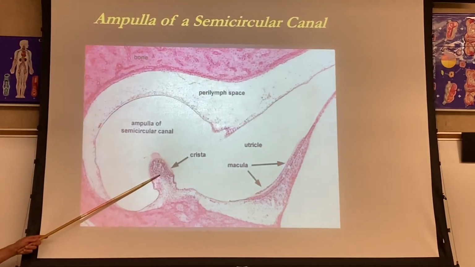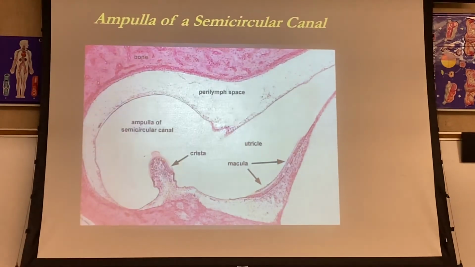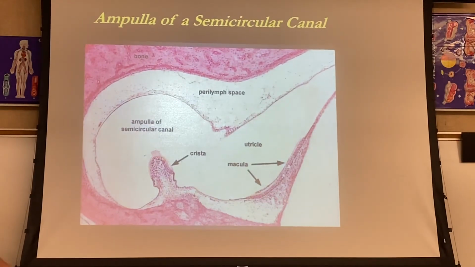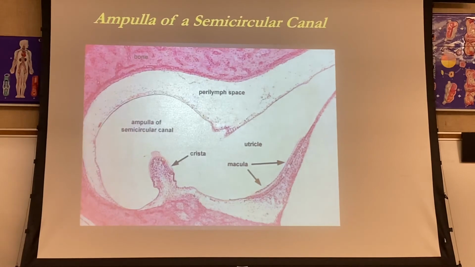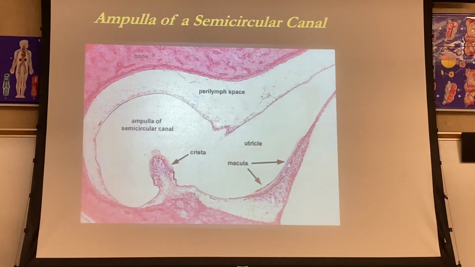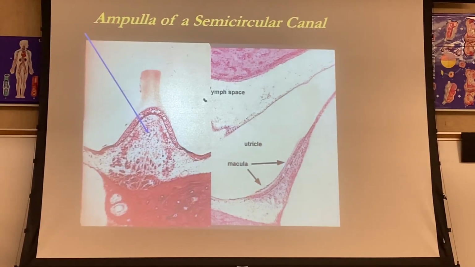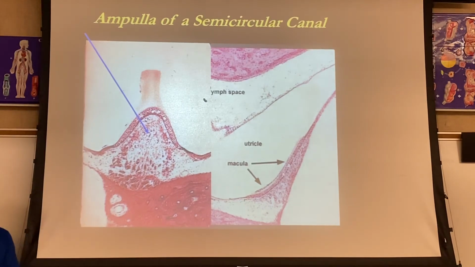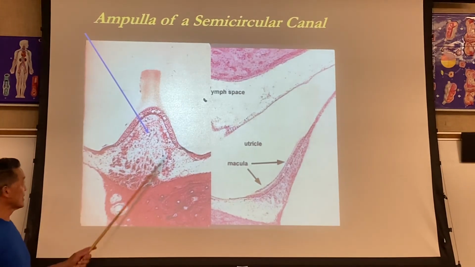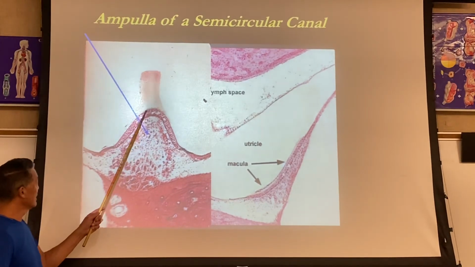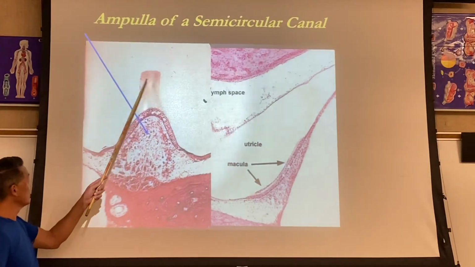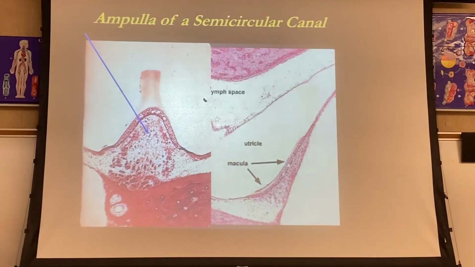This is the crista ampularis, so put a star next to crista ampularis as well as ampulla. The blue arrow is the crista ampularis, and the hair cells are right up here. The cilia are embedded in this jelly sail called the cupula.